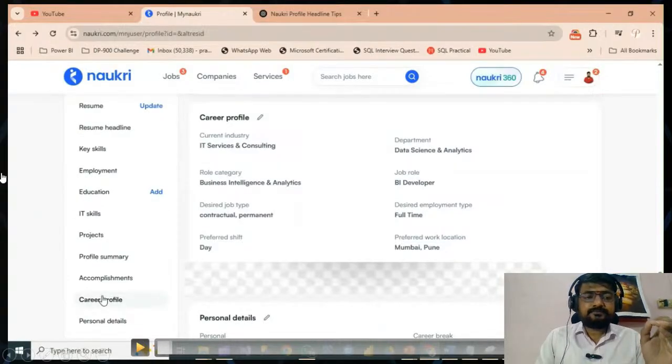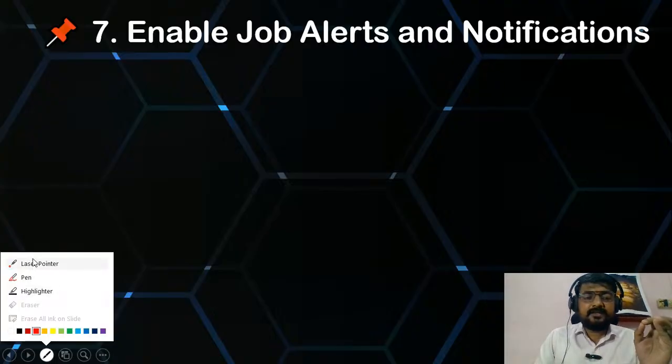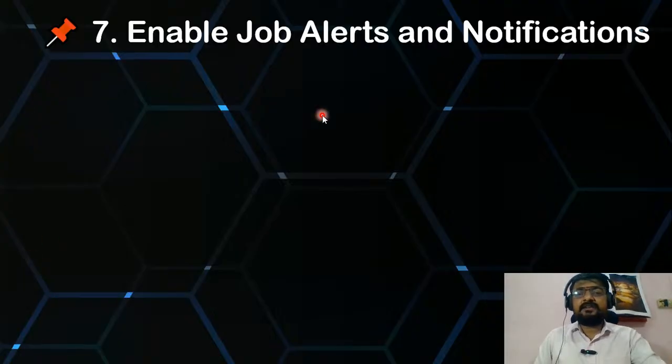The next step, which is an important tip, step 7, is to enable job alert and notification. This is a very important thing, and I guarantee that 70 to 80% of people using the Naukri portal have not enabled the job alert.